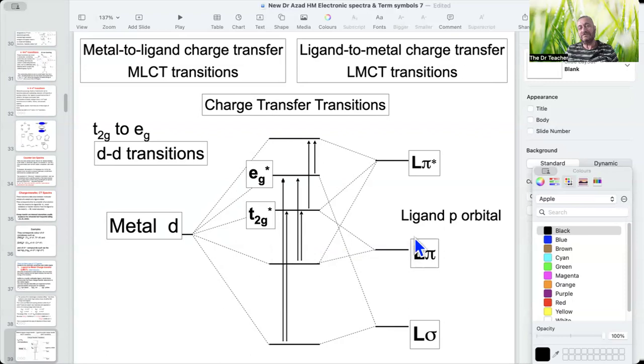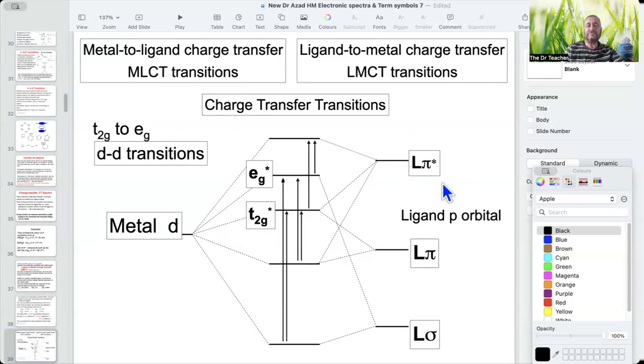So here we have ligand pi orbitals. The ligand should have pi star empty, and the metal should have sigma EG star, T2G star empty.